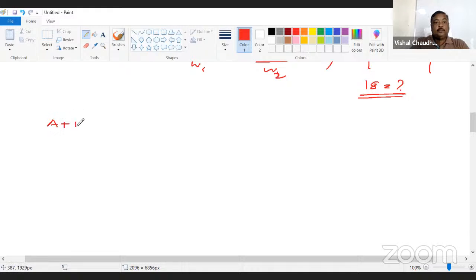A plus B together can do a job in 6 days. B plus C together can do a job in 12 days. And C plus A together can do a job in 8 days.